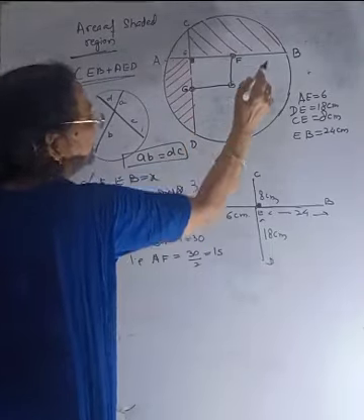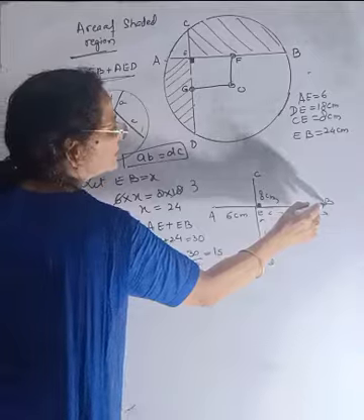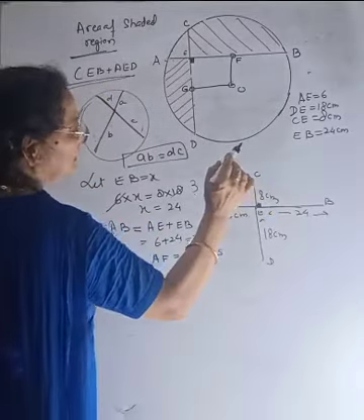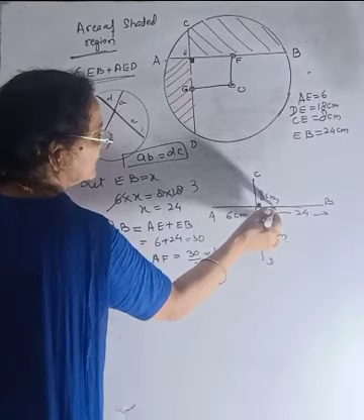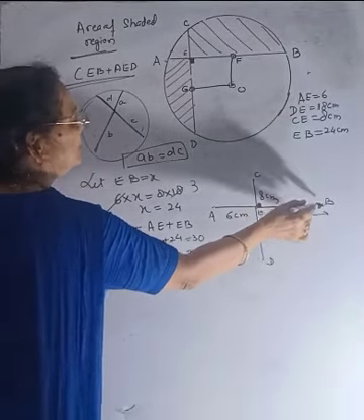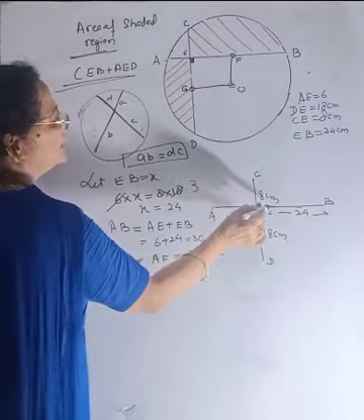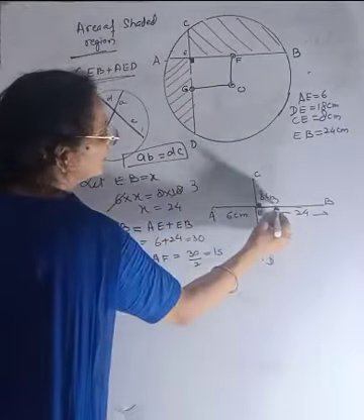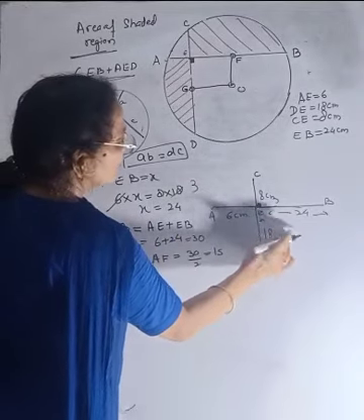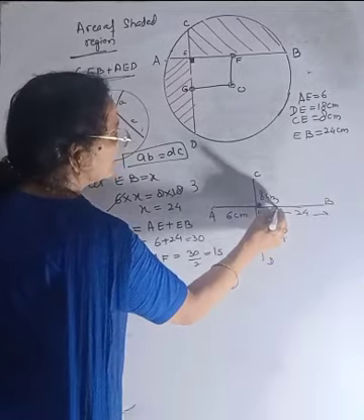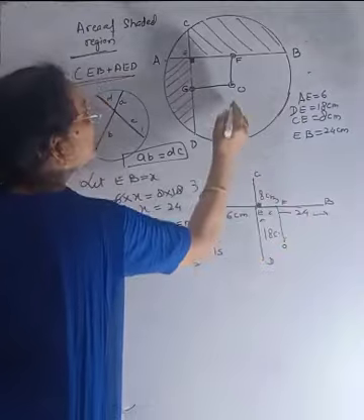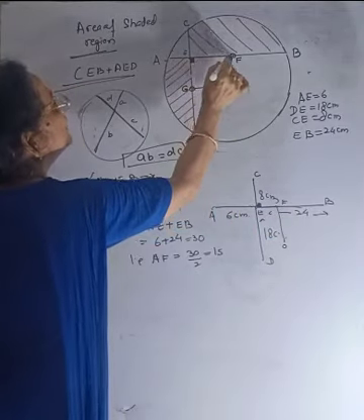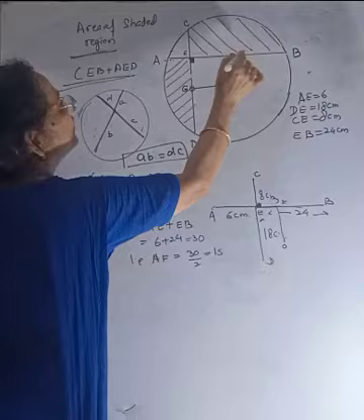A perpendicular drop from the center is just in the middle of this. This total is 15. It means this point F will be here somehow I can draw it. This is the perpendicular drop from the center O. This is F. It means F will be the middle point of AB.